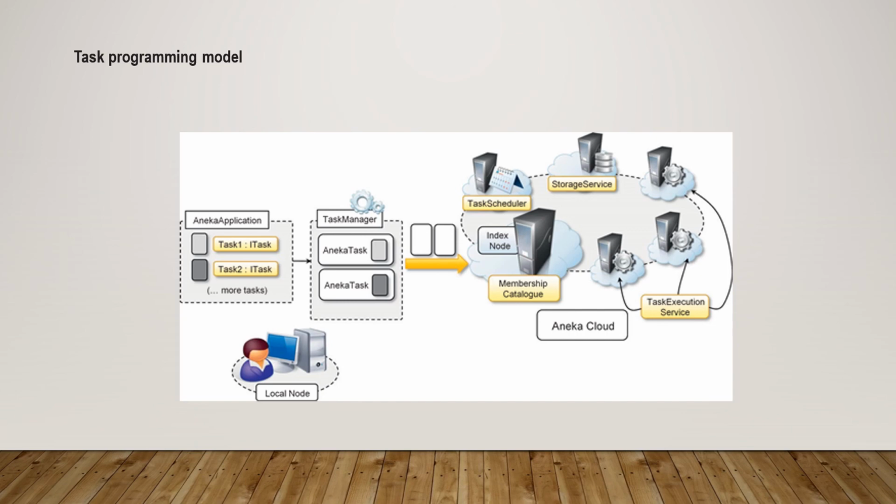So how can we develop an application with the task model? Development is very much limited to the following operations: defining classes implementing the ITask interface, creating a properly configured Aneka application instance, creating ITask instances and wrapping them into Aneka task instances, and executing the application and waiting for its completion.